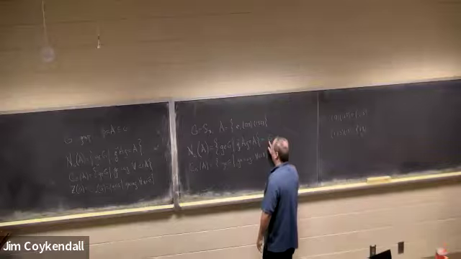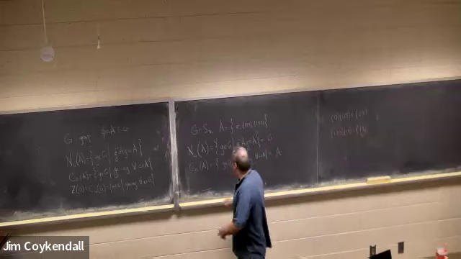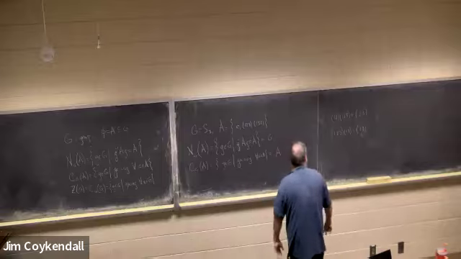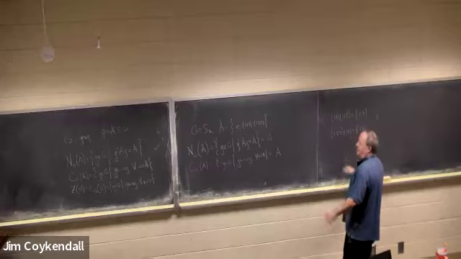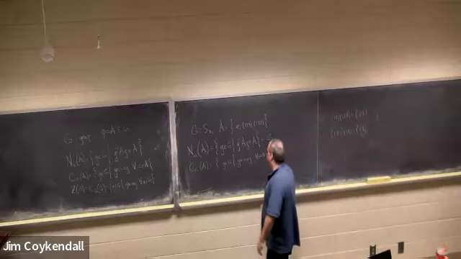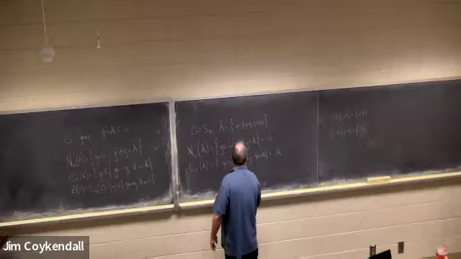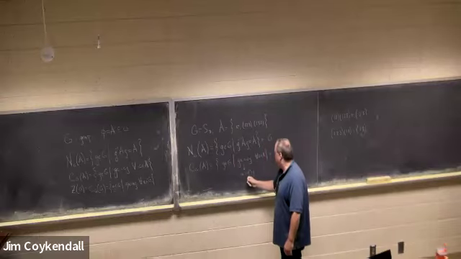So here the normalizer of this is the whole thing, because it preserves the entire set. But even though the set is preserved, it's not true that A equals g inverse A g elementwise.